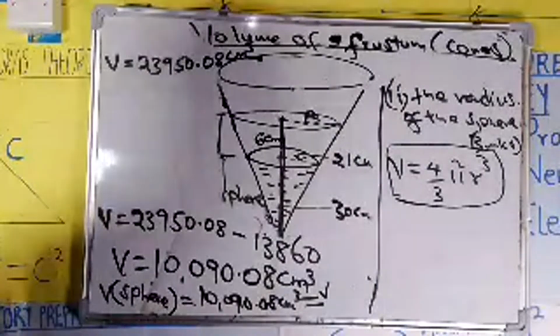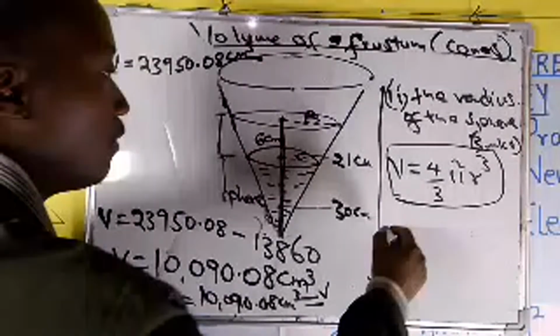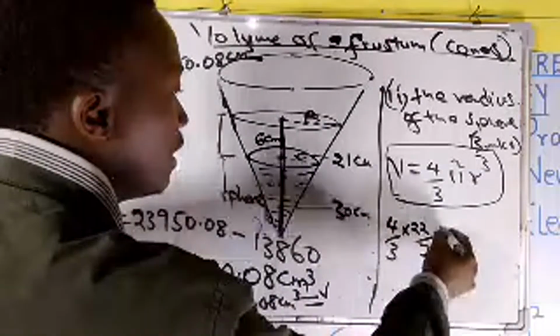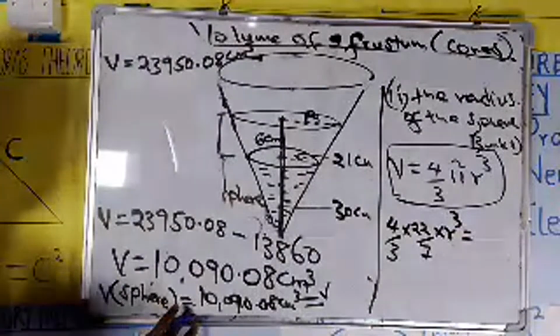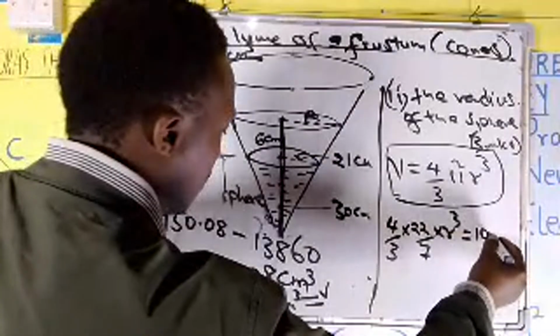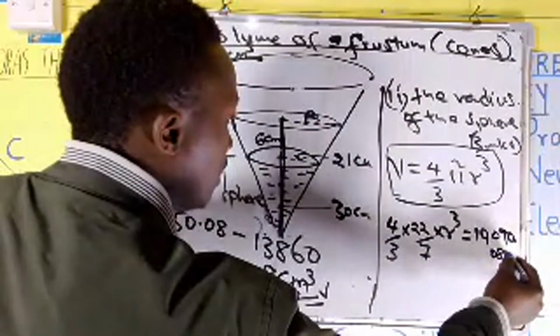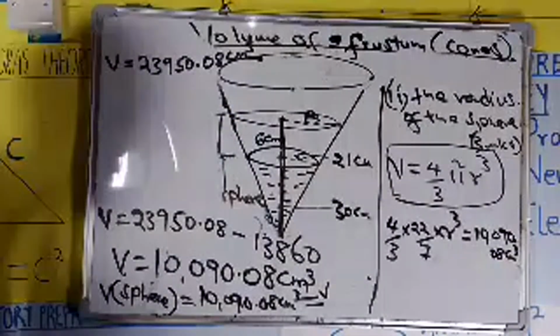And now, we already have the volume. So we are going to have 4 over 3 times 22 over 7 times r cubed is equal to the volume, 10,090.08 centimeters cubed.